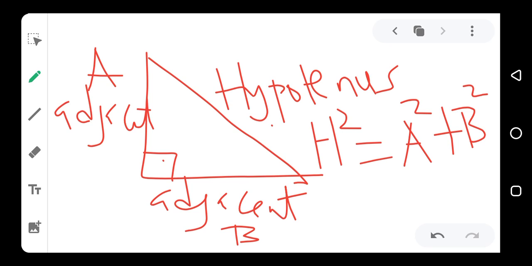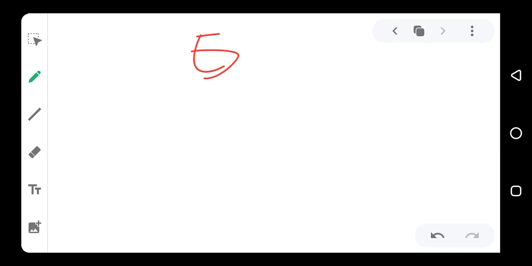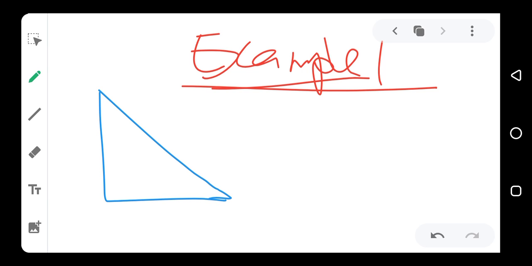Now let's look at an example. If you have this triangle, and this place is numbered 2 and this place is numbered 1, and we are asked to find this side, how do we get it?